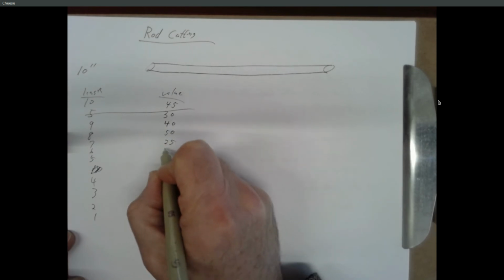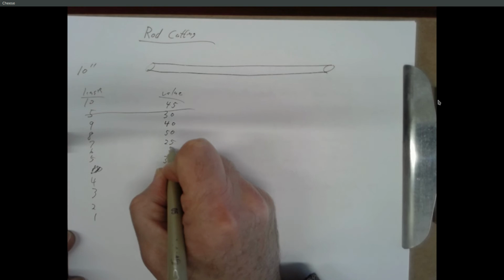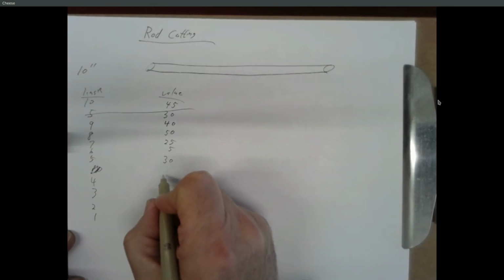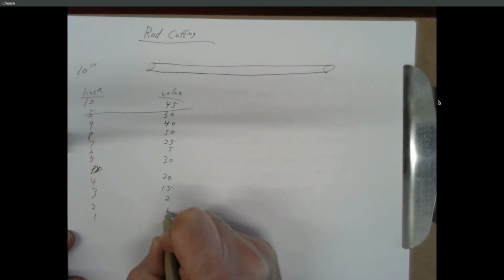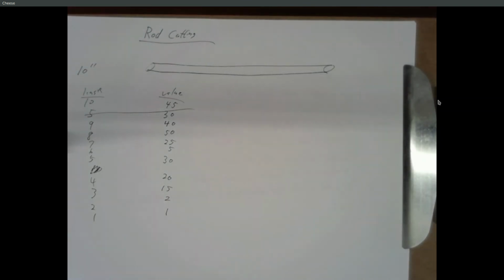Nobody wants 7 inches, and really nobody wants 6 inches, and so on. And a 0-inch rod is worth 0. Here's my bag of 0-inch rods, how much will you pay for it?